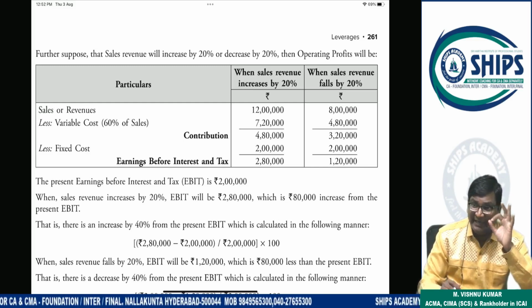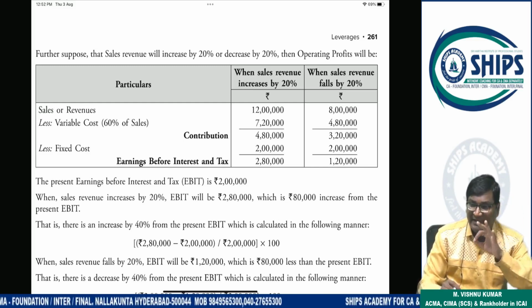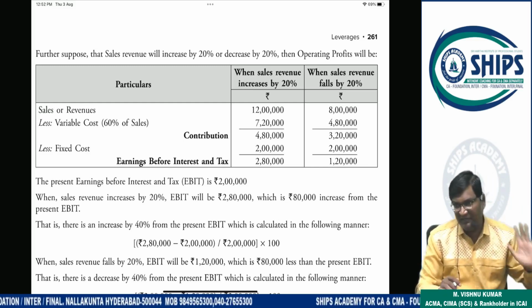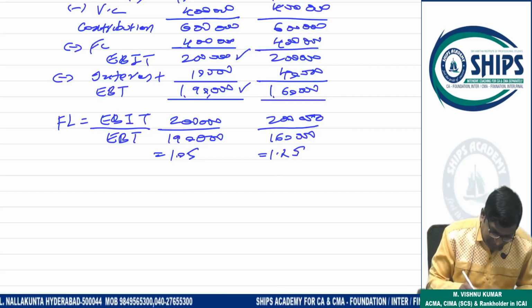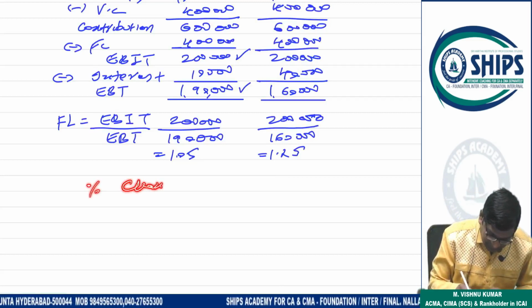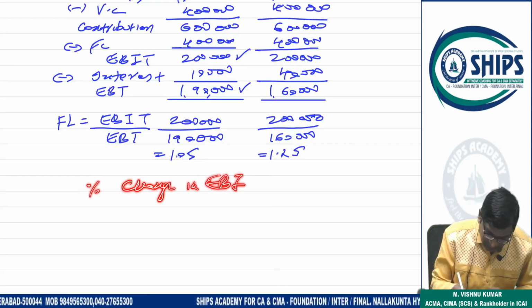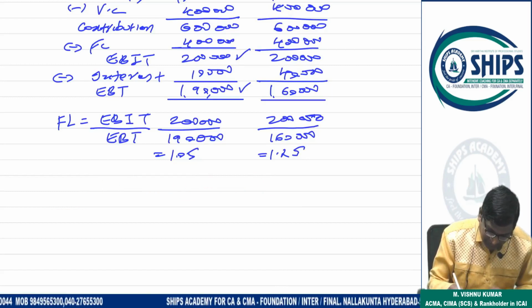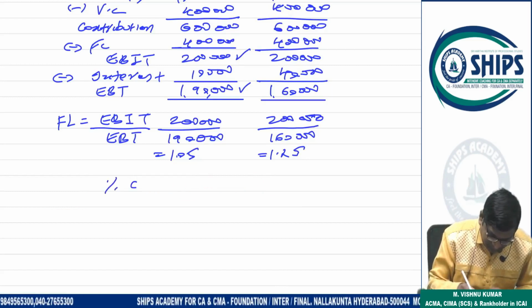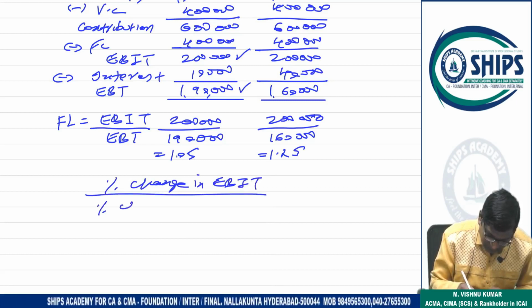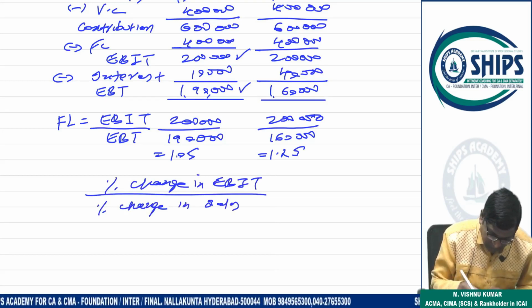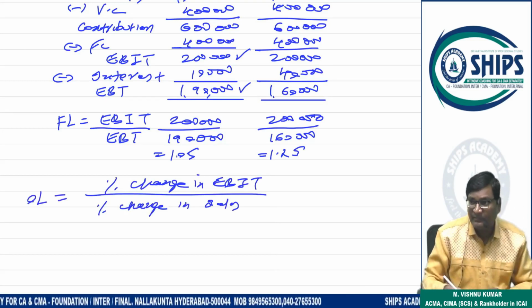Now what is the formula for operating leverage? Percentage change in EBIT divided by percentage change in sale. This is operating leverage.